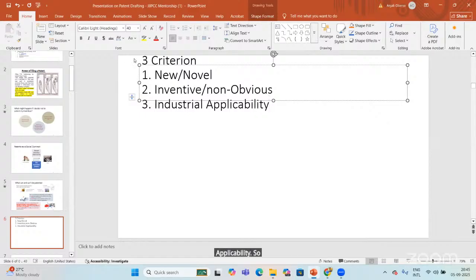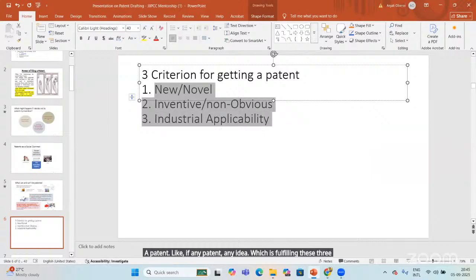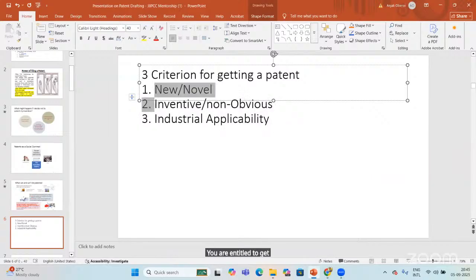So these are the three criteria for getting a patent. If any idea fulfills these three criteria in any country, you are entitled to get a patent. It should be new or novel, it should be inventive, and it should be industrially applicable, meaning any kind of practical industrial application it should have.